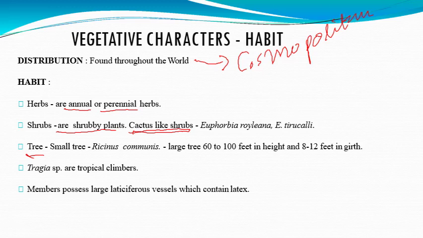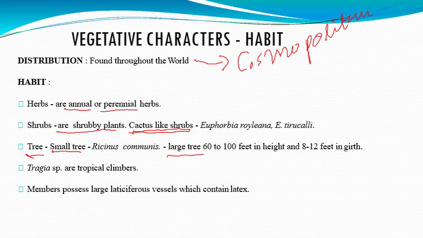The next habit of this family is tree. These are green woody plants with a distinct straight stem of more than 6 feet. Such type of plant we call a tree. It possesses small trees and large trees.